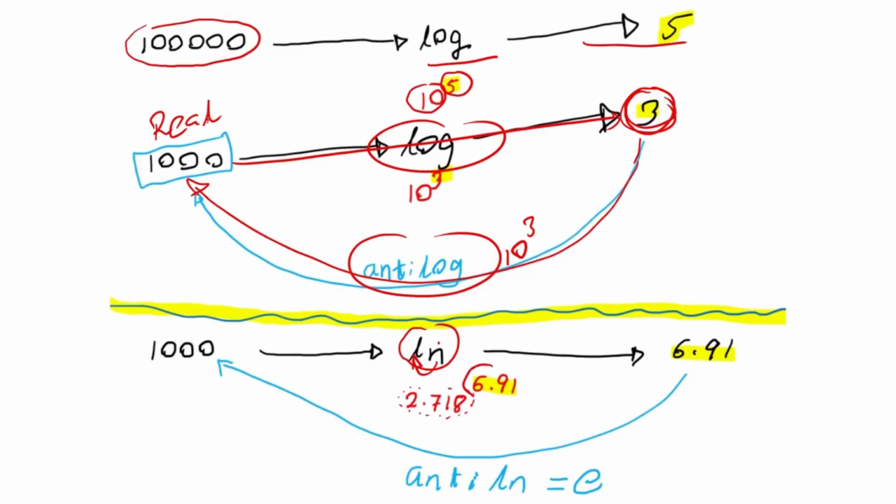And they put a power. Whatever number they get, they write it in the form of that base to the power. That power is the one they write. 1000 means ln 6.91, because 2.718 to the power 6.91 is 1000. So we don't talk about the 2 point something, we just talk about the power. Going forward is ln.